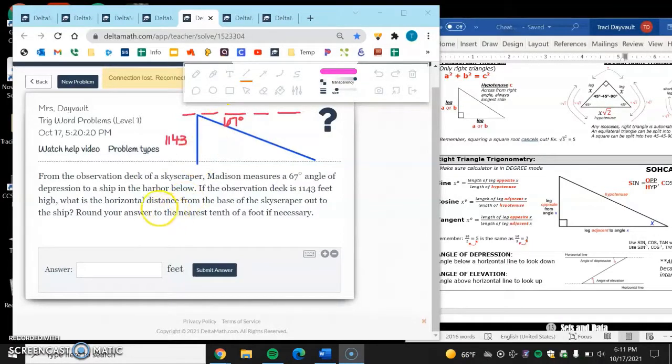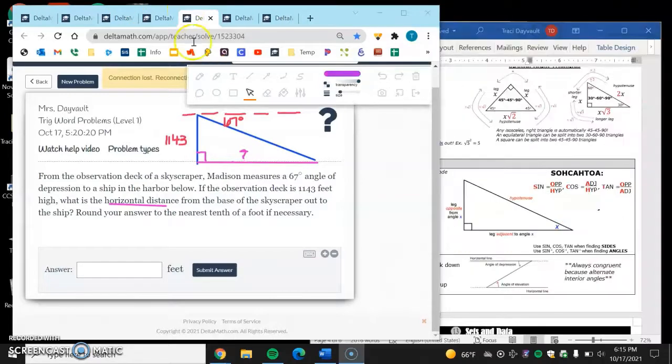And it wants us to find the horizontal distance, that's usually going to be our flat line, from the base of the skyscraper out to the boat out in the water. All right, you can see we have our right triangle here. And this is the side we're trying to find here.